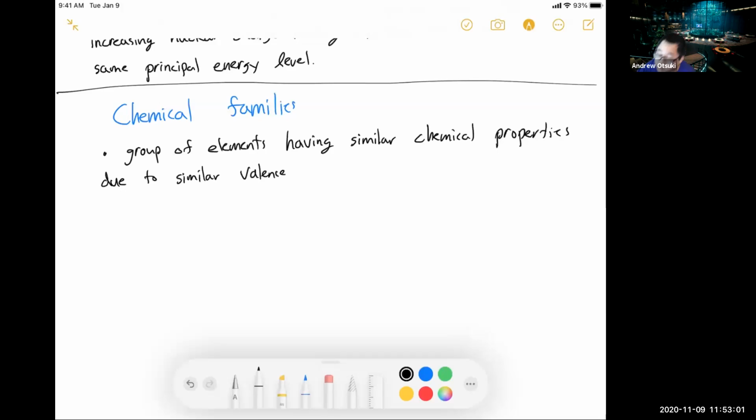The fact that they have similar valence electron configuration gives us an insight into how to predict their chemical properties. The reason is because they appear in the same column of the periodic table.